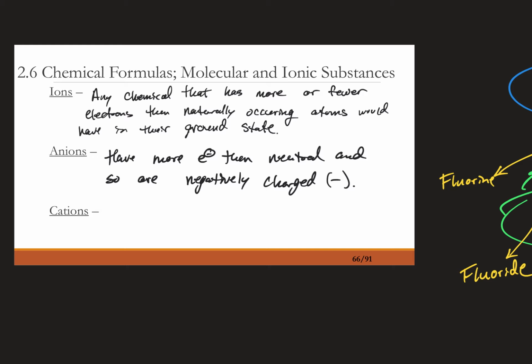Cations are entities that have fewer electrons than when neutral, and so are positively charged.